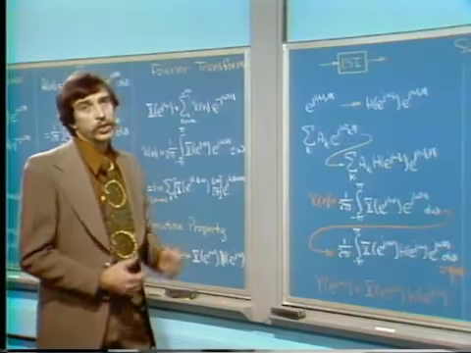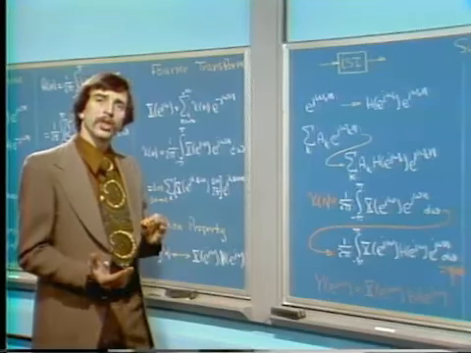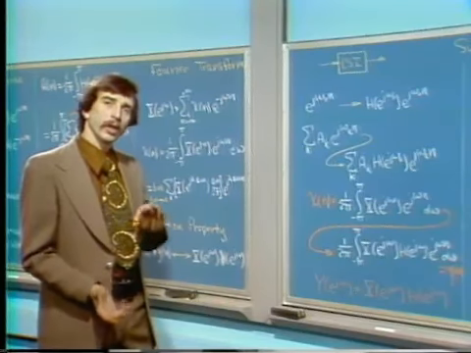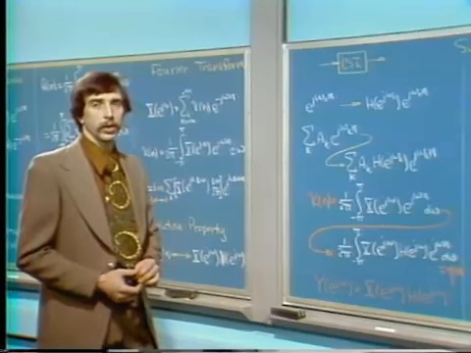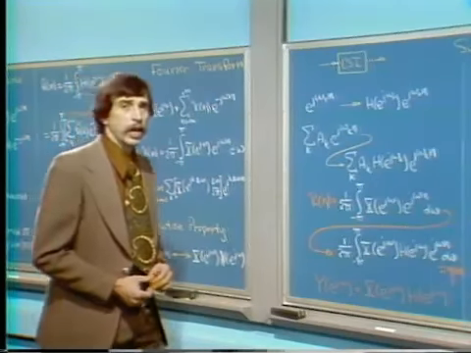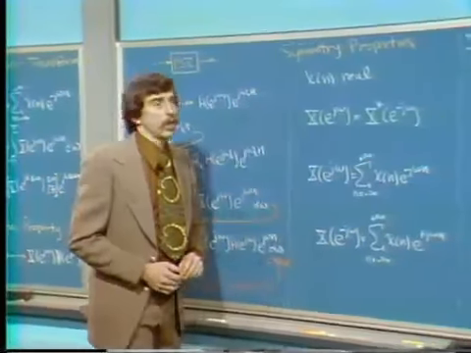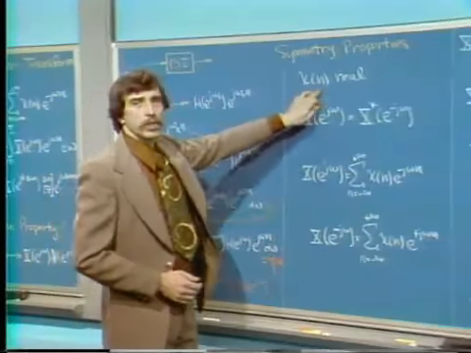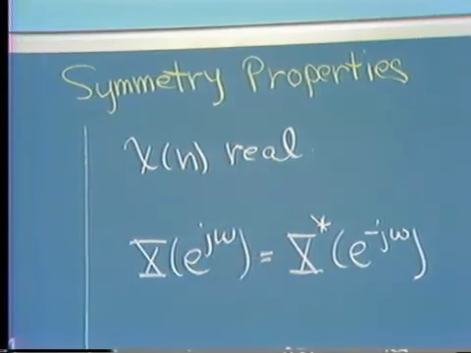But let me just indicate one class of properties that, again, should be very familiar to you if you relate your thinking back to continuous time Fourier transforms. And that is the class of symmetry properties for the special case in which the sequences that we're talking about are real sequences.